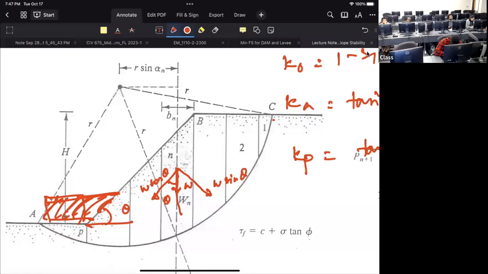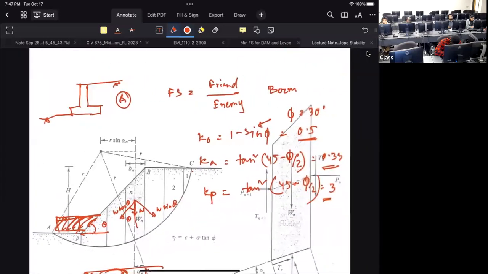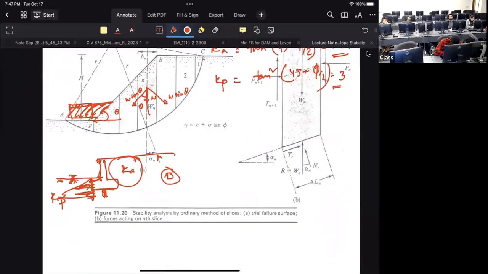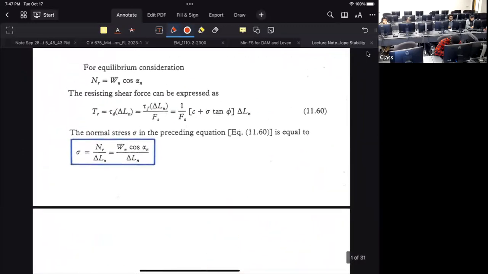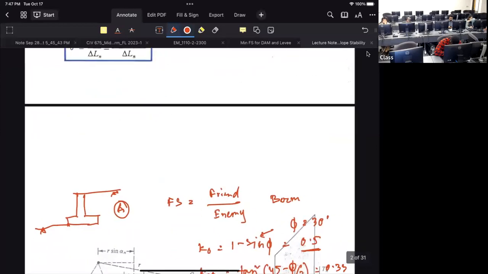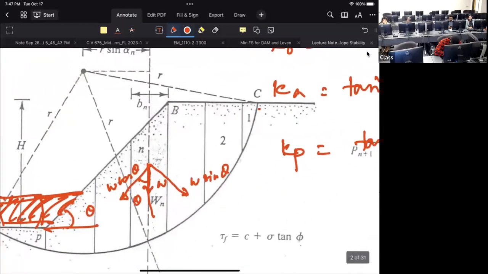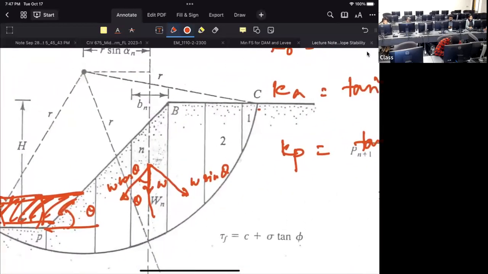If W cos theta is your enemy... wait, your theta is not here. I didn't draw it right.